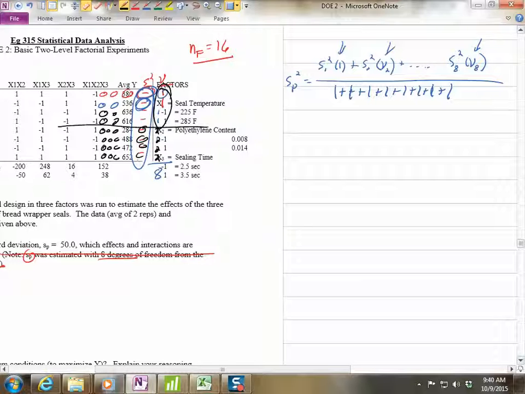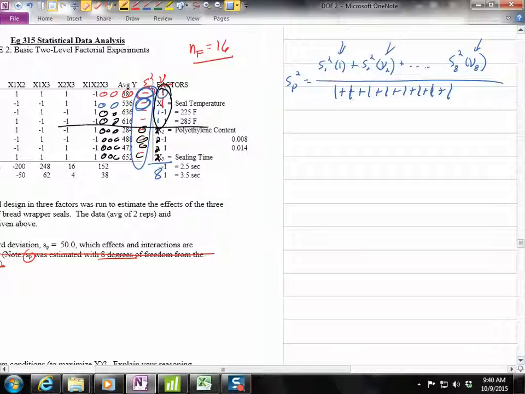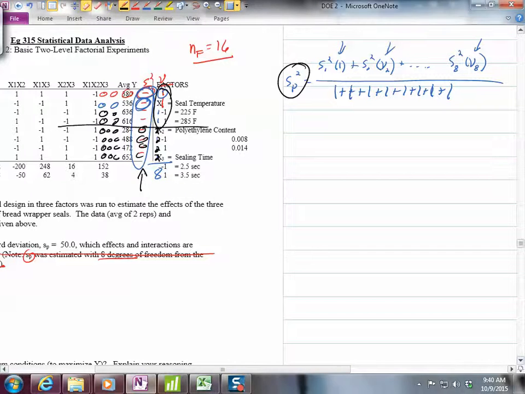It's probably a better estimate than one of these in the top. So that's why we do a weighted average of variance. Again, we're assuming that the variance, the noise, is the same at every experimental condition. That's why we can pool it together.